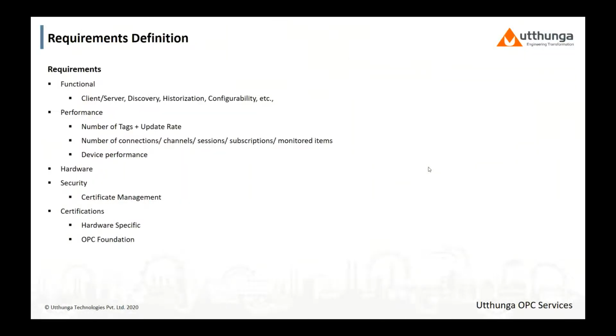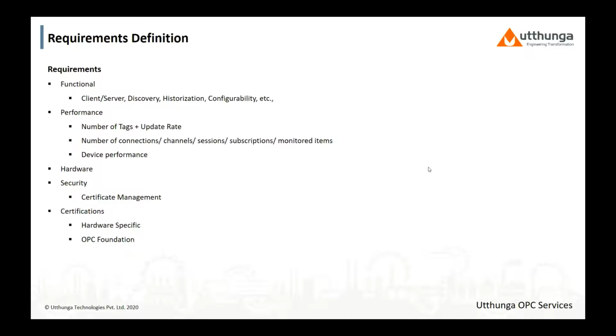While defining requirements, you need to consider the functional requirements, meaning whether your device is going to be a client or server, whether it needs a discovery mechanism or should answer to one, whether you need historization of the data, and to what level your device needs to be configurable, and so on.